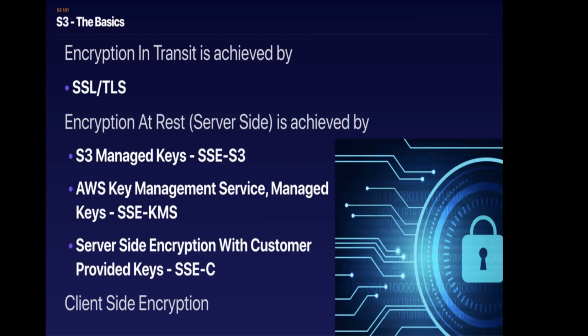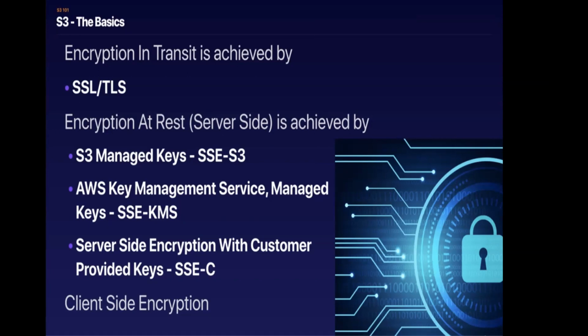So remember, there are two types of encryption: encryption in transit and encryption at rest. Encryption in transit requires SSL and TLS technology to encrypt your data while it is traveling. Encryption at rest requires server-side encryption and client-side encryption.